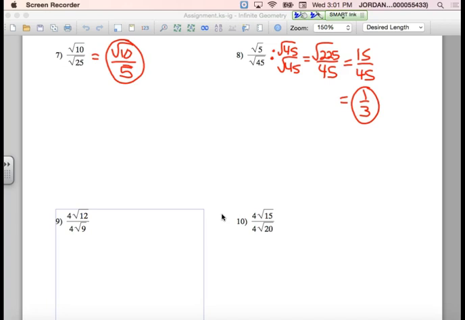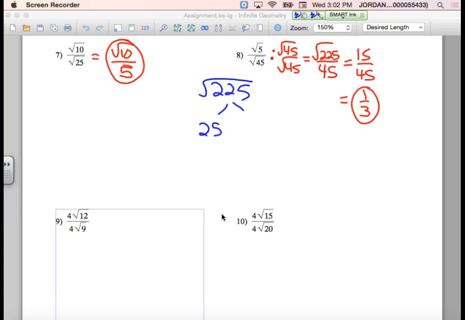Okay, this next one, the radical on the bottom is not a perfect square. So you have to multiply by the square root of 45 on top and bottom. On bottom, of course, the square roots just go away and it leaves 45. Up top, 5 times 45 is 225. Okay, so then you've got to figure out with 225 what is a perfect square that will go into 225. Okay, well 25 will go into 225. So I say, all right, we'll do 25.